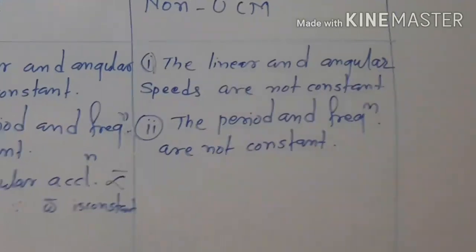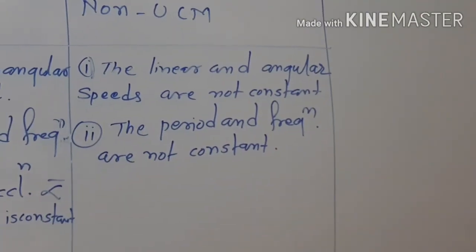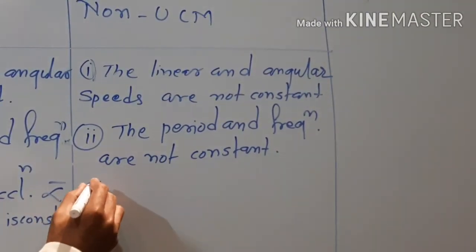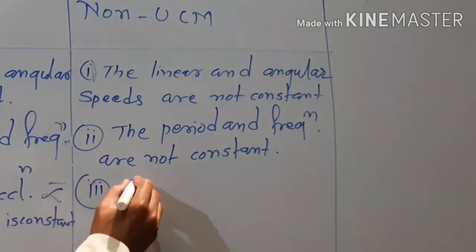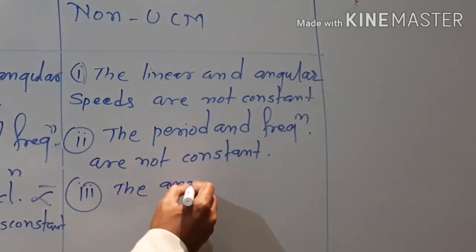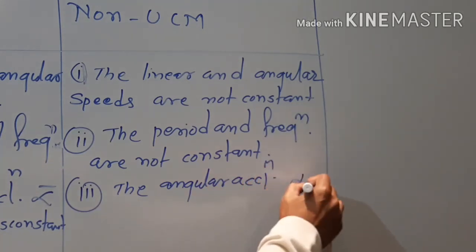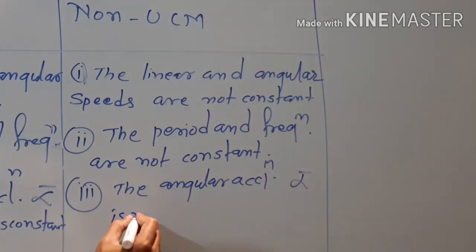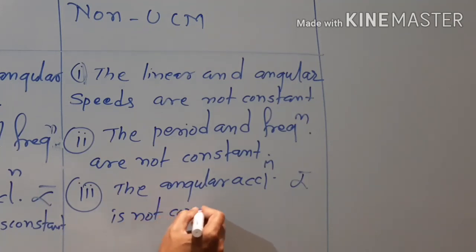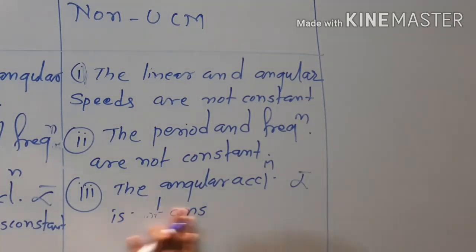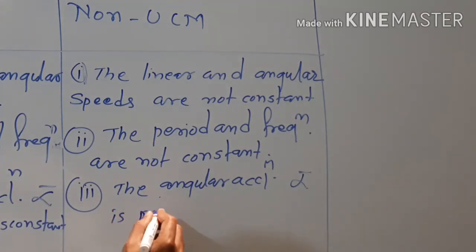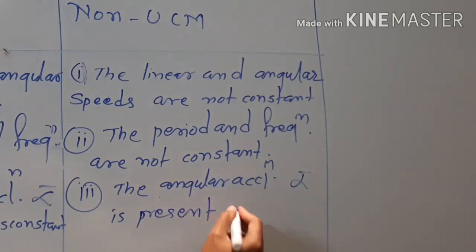Here, write down the third point in non-UCM: the angular acceleration alpha bar is present.